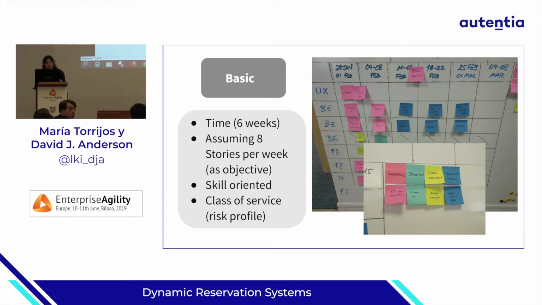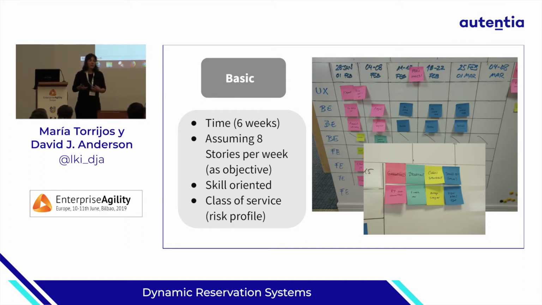So the guaranteed ones were the ones where the risk profile was indicating that the risk was very low and that we could tackle in the very short term. Then we had room for iterations, for intangible work as well, and for the standby, the option one, which we defined as the highest risk items.